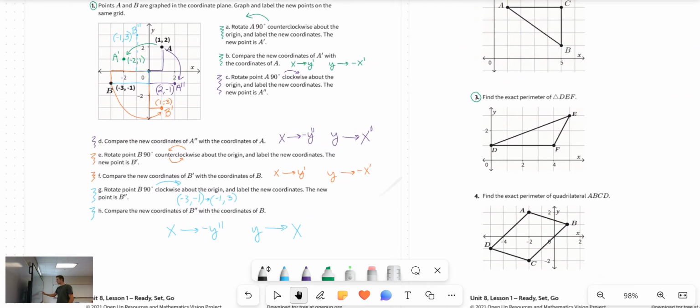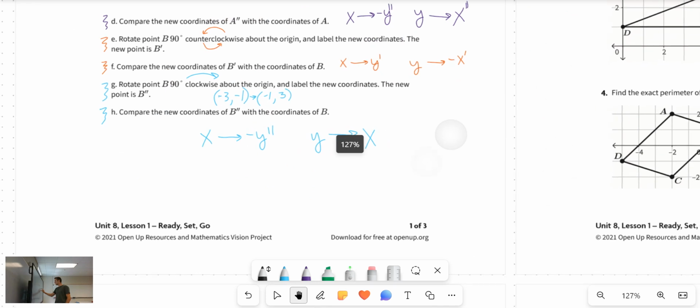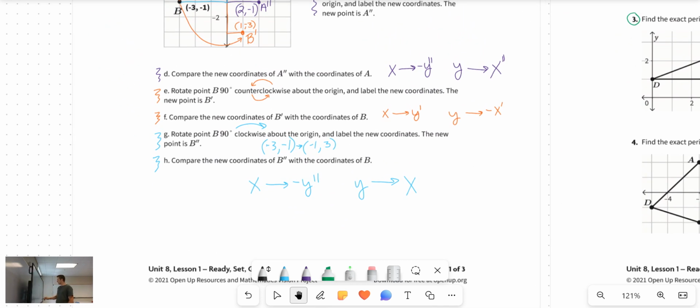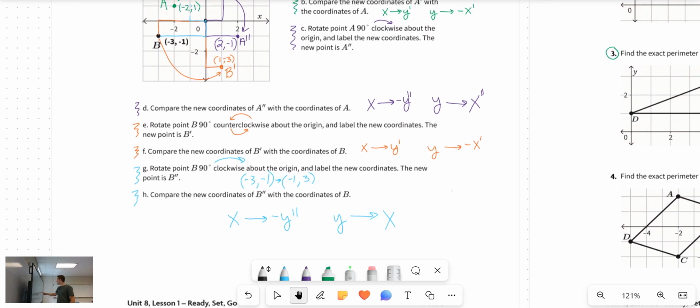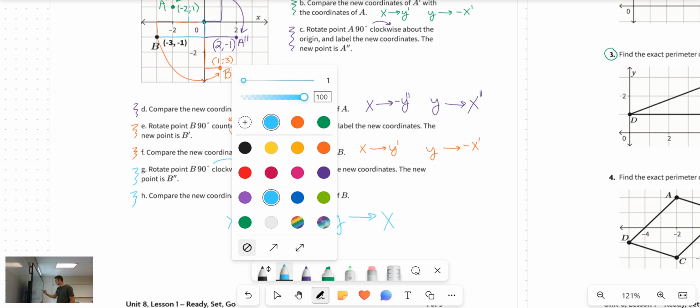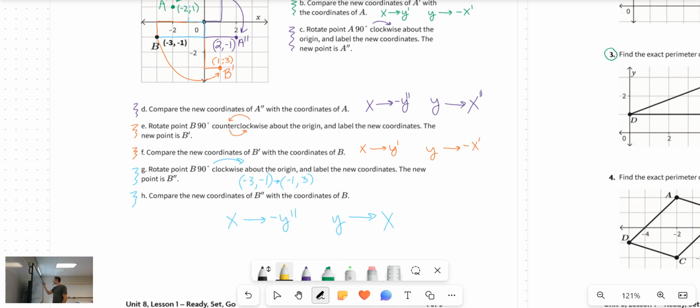All right, let's move on from h. Well, actually, before we do that quite yet, do we see the pattern here? I'll switch this to yellow. We haven't used yellow yet. When we did clockwise, both here and here, these were both clockwise in parts C and G, we rotated clockwise.